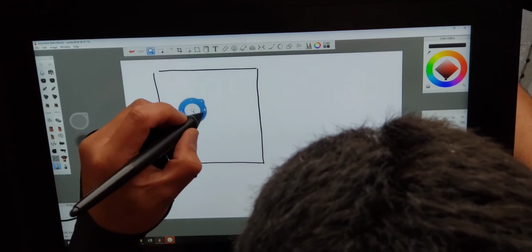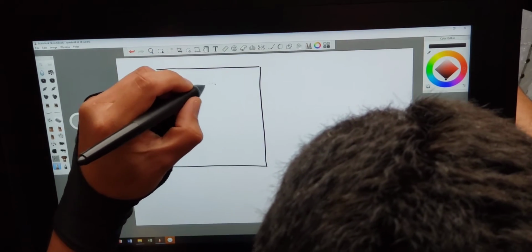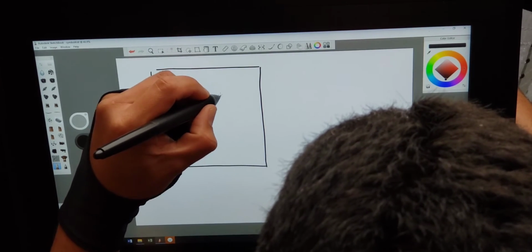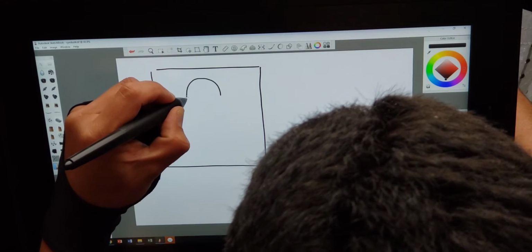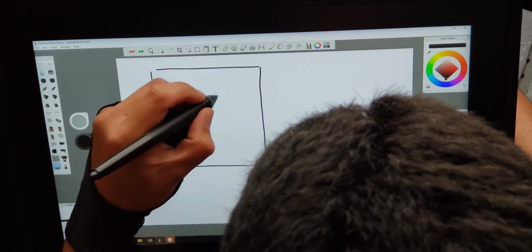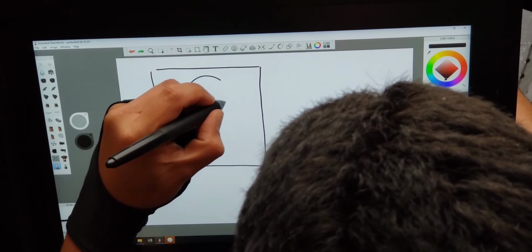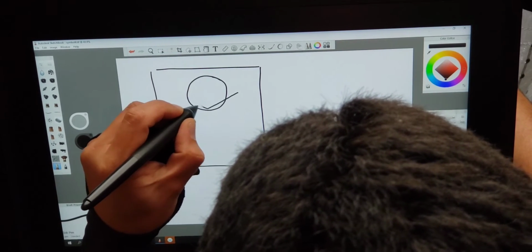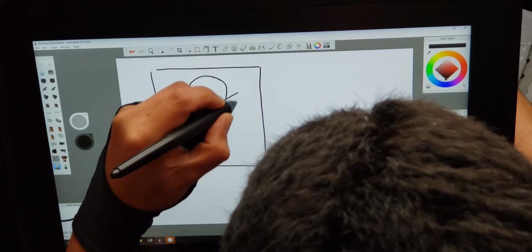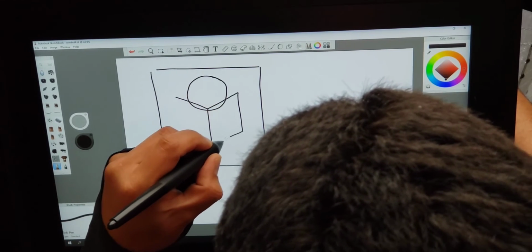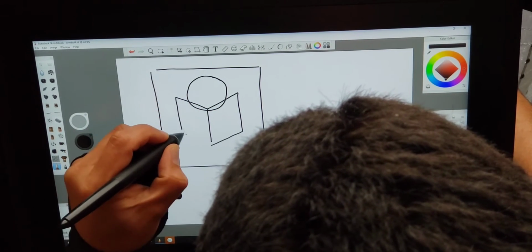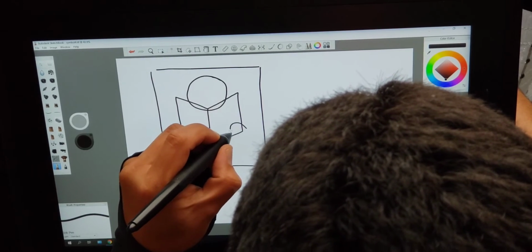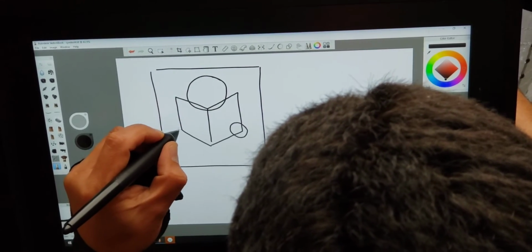Then, in this case, I'm going to draw the symbol of read. I'm going to draw the head of the girl, a circle. On top of that, I'm going to draw one book, so draw this shape. And I'm going to draw the arms here, here and here.